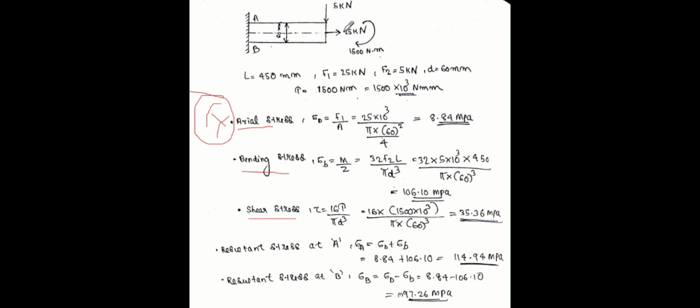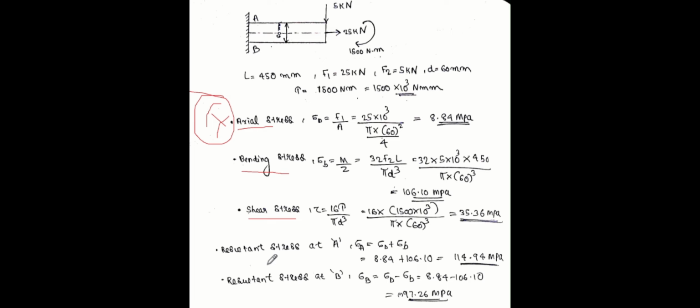Even if you exclude the torsional load, there will be an axial load and bending load, so it's a combined loading case. Only then will we find the resultant stress at the top and bottom, A and B, because these are the two points where maximum stresses are formed.